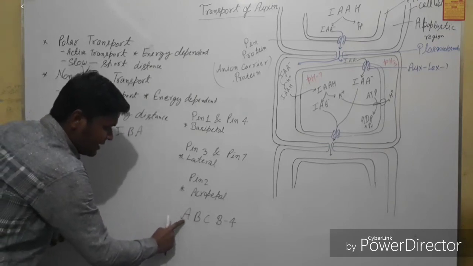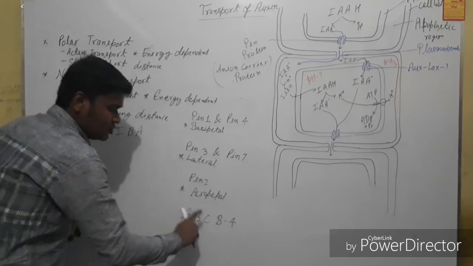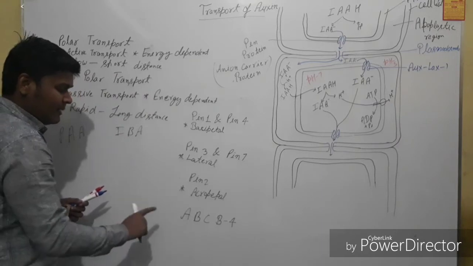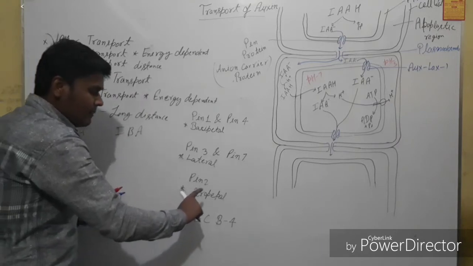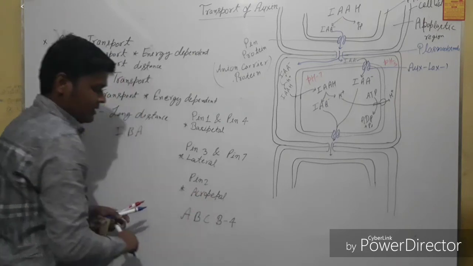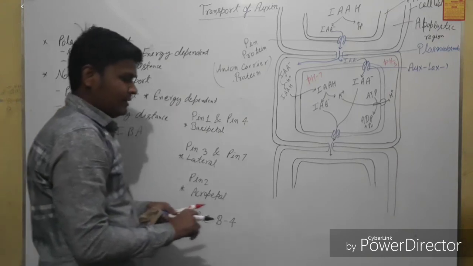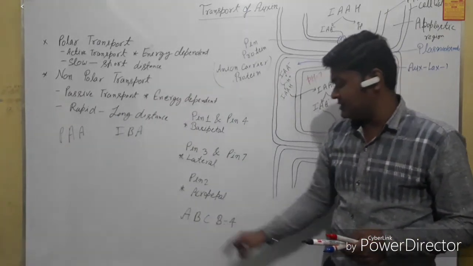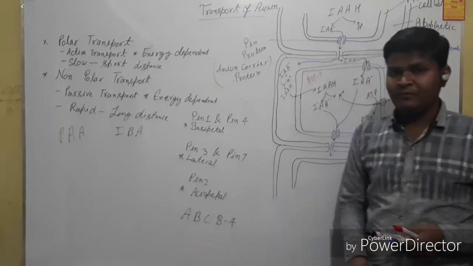ABC means ATP binding cassette, superfamily B. This is the family of proteins belonging to the ABC family, which is the ABCB type family.